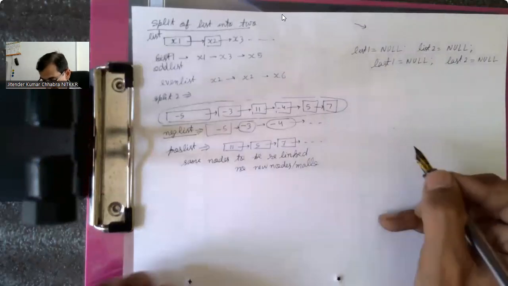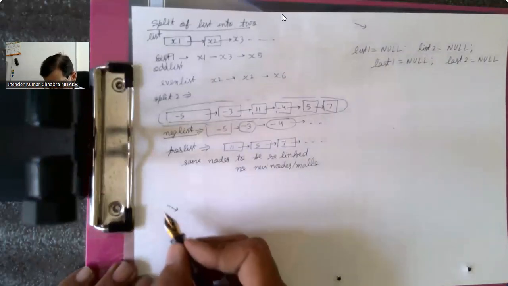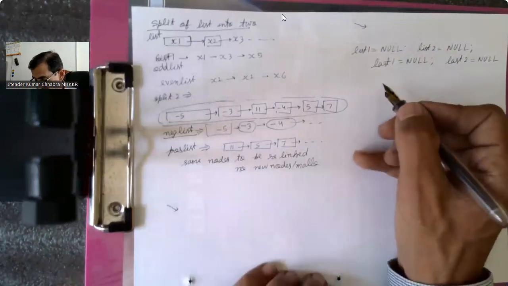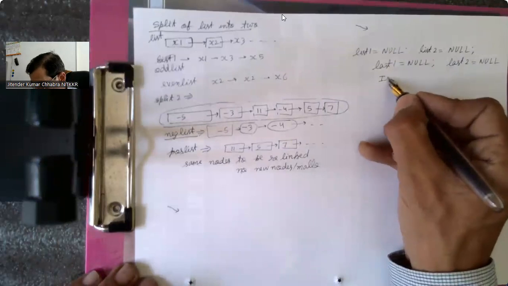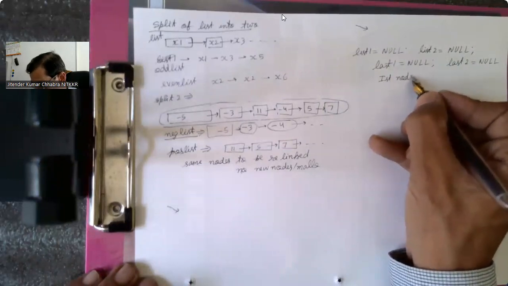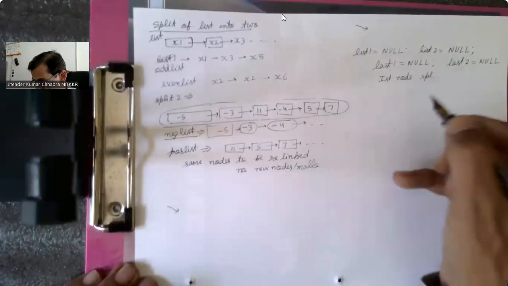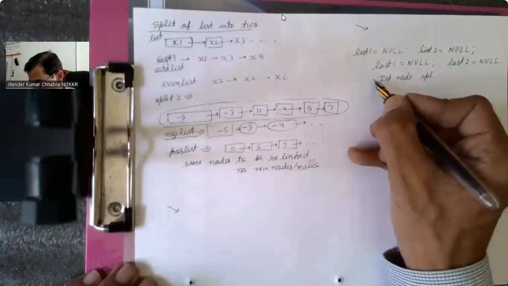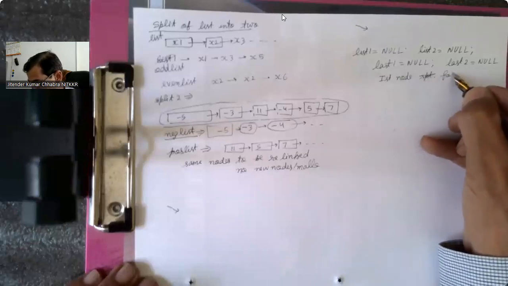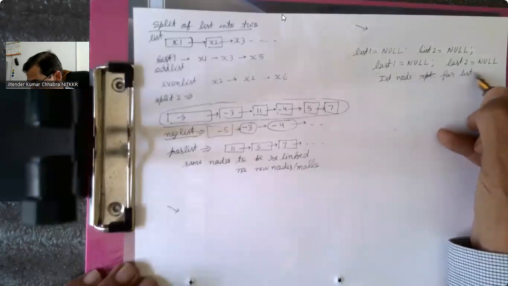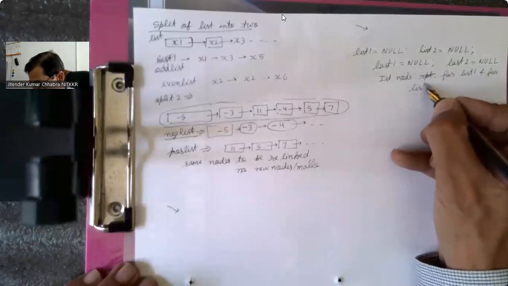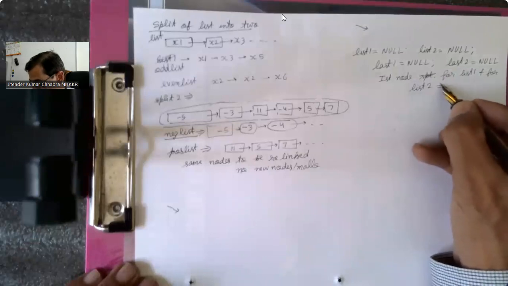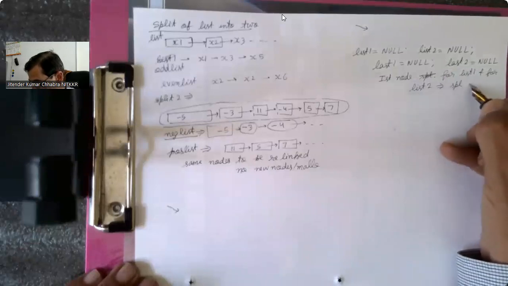And every time I will say, currently, if I have the first node, that will be a separate condition. First node handling separately, first node for each list, for list 1 as well as list 2. That will effectively mean first node to be seen and handled in a special way.